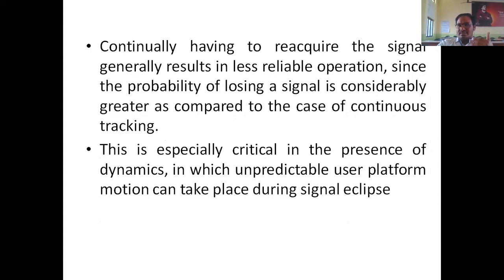Because we are tracking by sharing the time, there is no continuous track, so it may be somewhat less efficient. In the presence of dynamics, especially unpredictable user platform motion during the signal eclipse, because sometimes we may not be able to predict the signals.